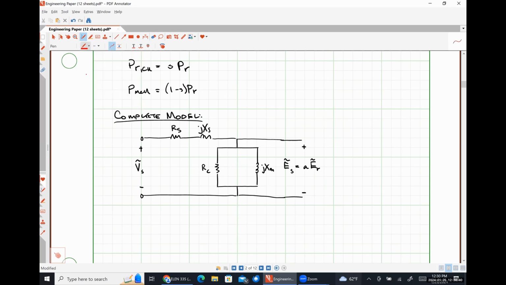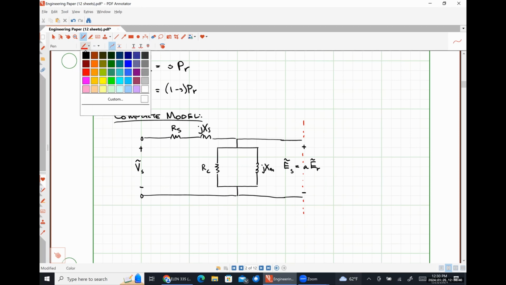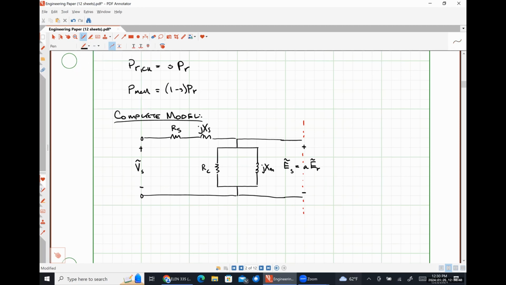Let me put that dashed line back in to represent where our air gap is. Here we're going to have jX_R prime.